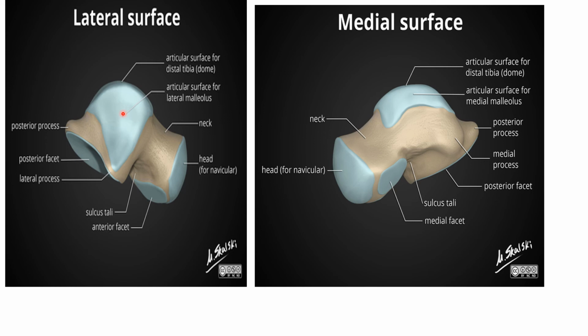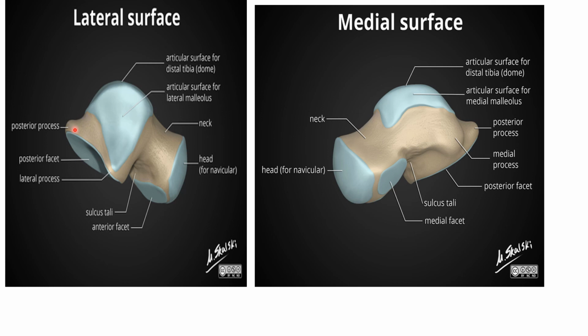The lower and posterior part of the body of the talus projects backwards. The projection is called the posterior process. So this is the posterior process we can make out here. The posterior process is actually the lower and posterior part of the body of the talus which is projecting backwards.